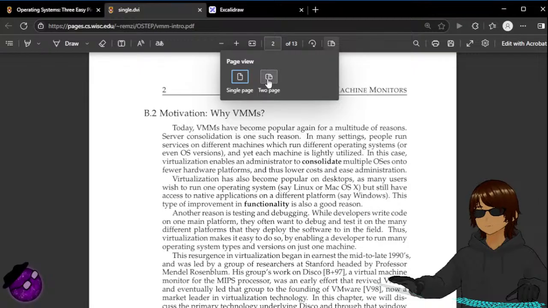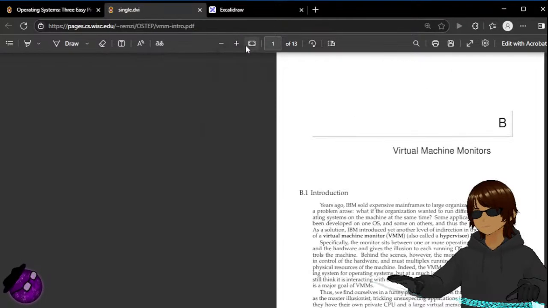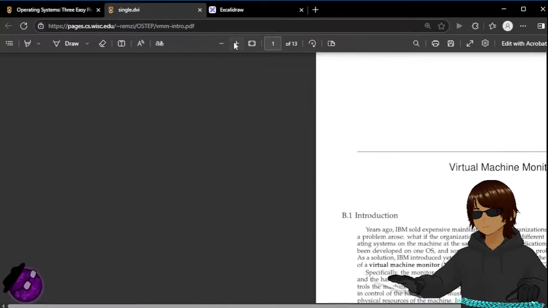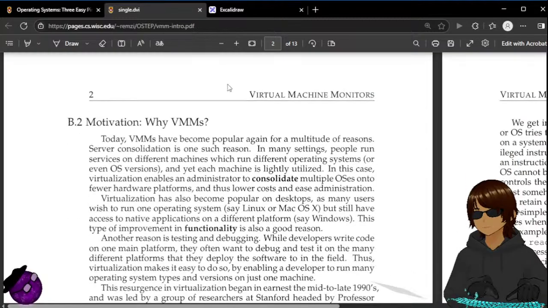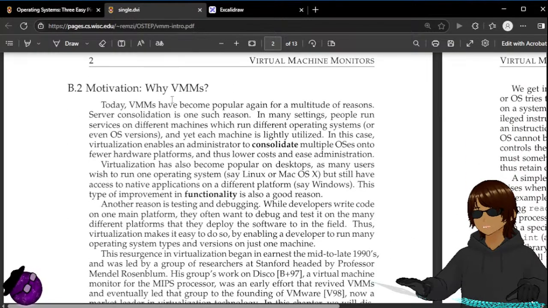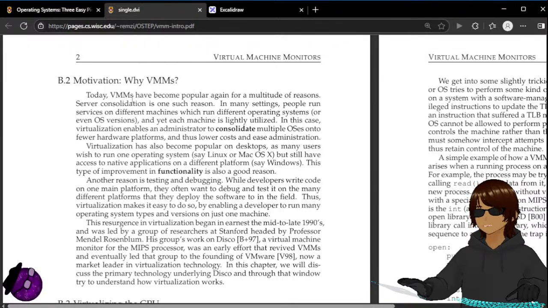So, first, the motivation. Today, VMMs have become popular again for a multitude of reasons. Server consolidation is one such reason.